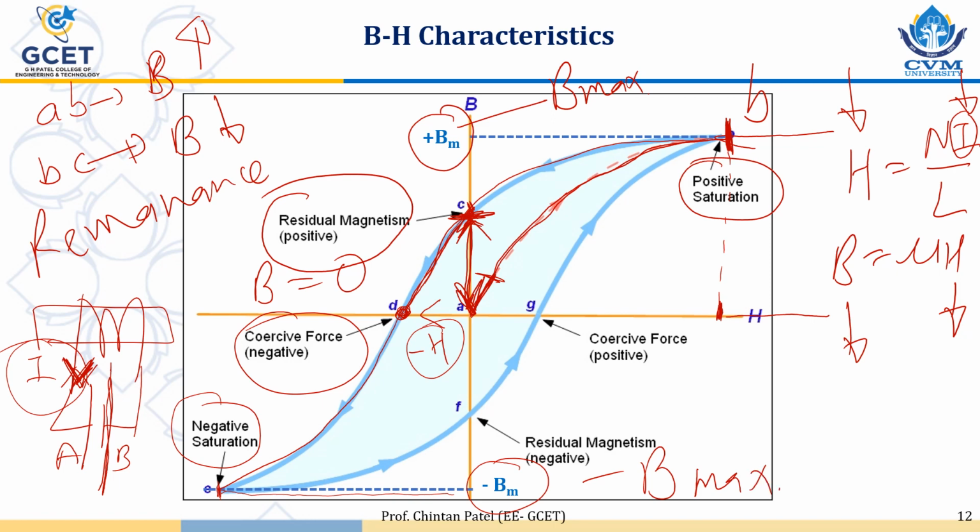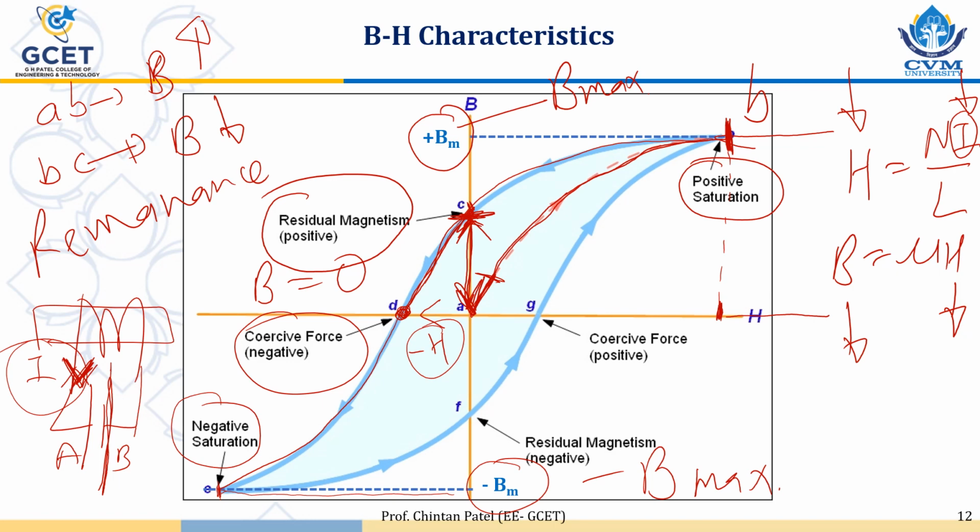So at minus B max, it is the point of saturation. Beyond this point E, if we keep increasing current and if we keep increasing magnetizing force, magnetic flux density B will not be increased. It remains same.